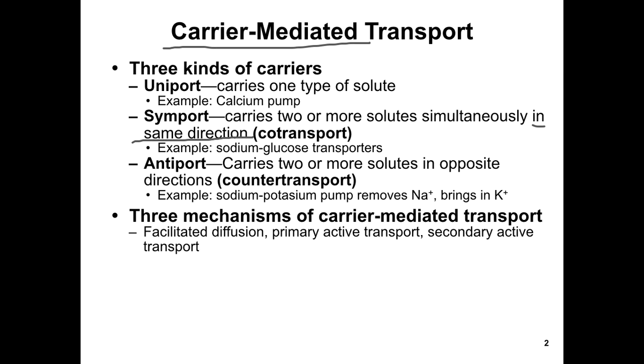This mechanism is called cotransport. Many things are taken up by cotransport. A good example of this is the sodium-glucose transport. This is one of the mechanisms that your cells use to move glucose across the membrane. When you have glucose in your blood, your cells need glucose to survive.